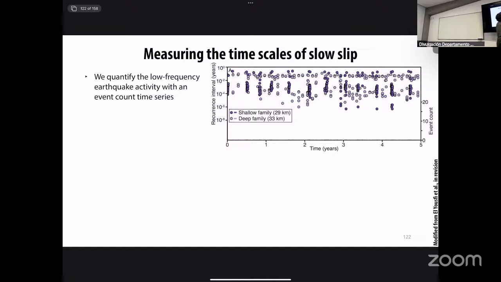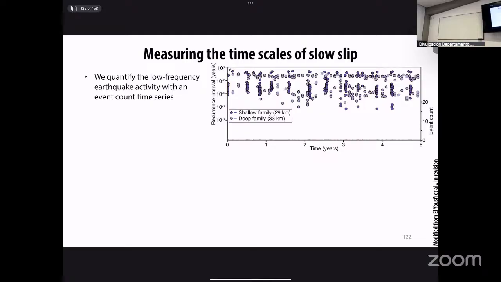The shallow one has these very punctual bursts. And my assumption of a single recurrence interval and a single duration almost makes sense when you look at this data set. If you go to a deeper family that's more continuous, we see that it's a little bit trickier for that assumption to hold.